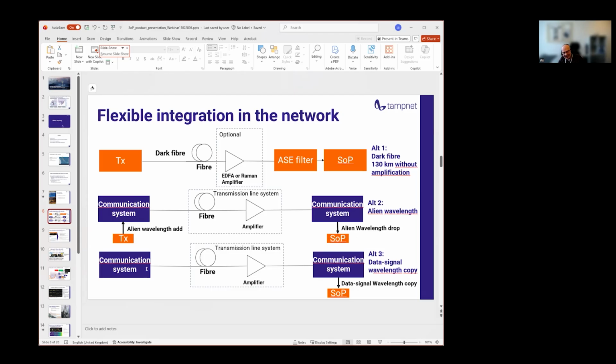And actually, here is the big surprise. You can use the output of a transponder which is polarization multiplexed. So this is a polarization multiplex signal going through your system.